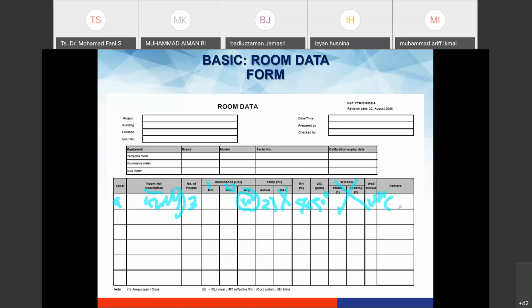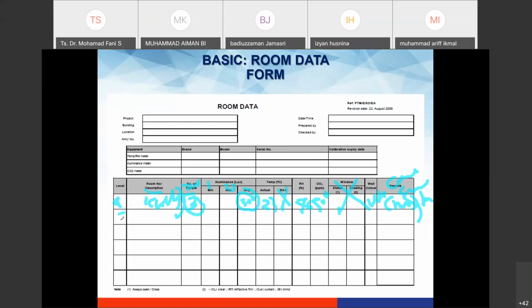So for remarks, you can put any remark: rainy day or sunny day, or crowded, number of people here more than 10 or more than 20. That one is for the lobby.